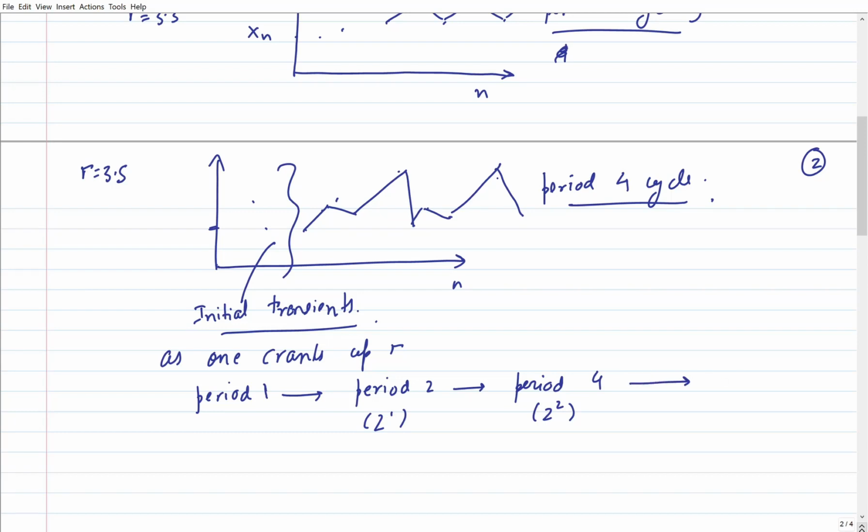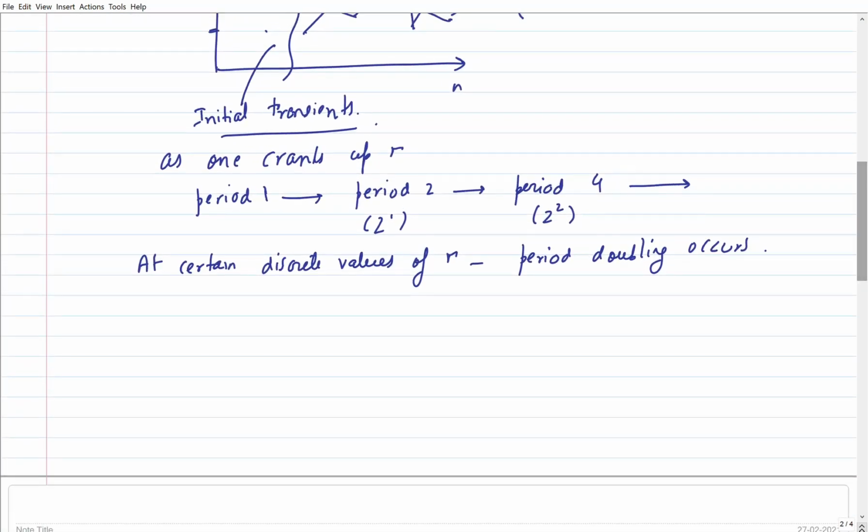And at certain discrete values of r, period doubling occurs. So that was the story.